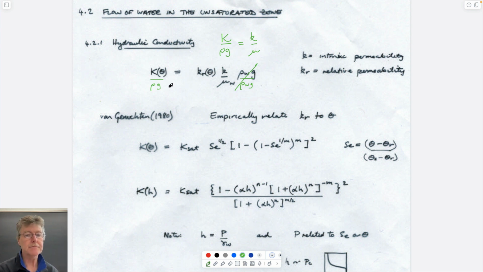Depends how you define things. And so K at theta, when theta equals theta sat, is just equal to what we term hydraulic conductivity. Right?